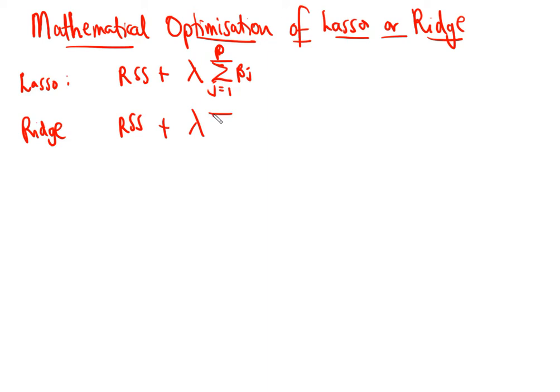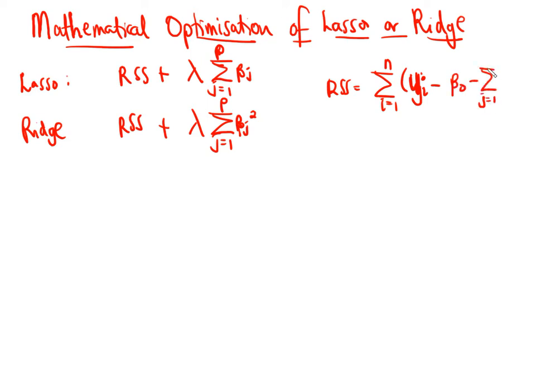Remember at the back of your head what RSS can be rewritten as, the original form of RSS: the summation over all observations i of (yi minus beta naught minus the summation of j equal to 1 up to p of beta j xij) squared. I think you remember this, right?